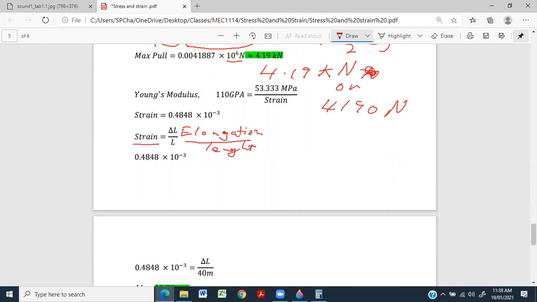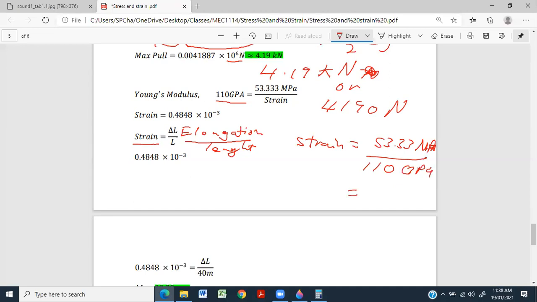We don't know, but we do know stress, and we have been given a Young's modulus of 110, so we can calculate strain. Using E equals stress over strain, Young's modulus is equal to stress over strain, we get strain equal to 53.33 megapascals divided by 110 gigapascals.